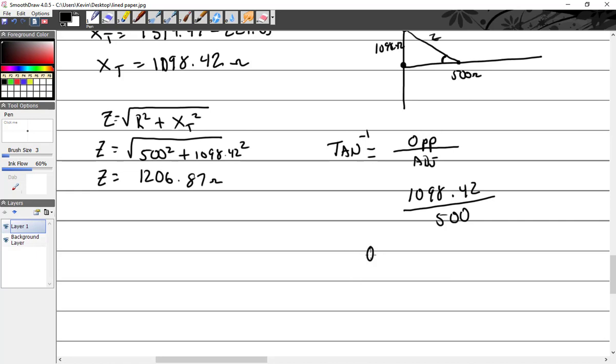So the angle of theta equals how much? 65.52 degrees. All right, looking good. Let me see. Yep, 65.52. 53 actually, if you want to round there.